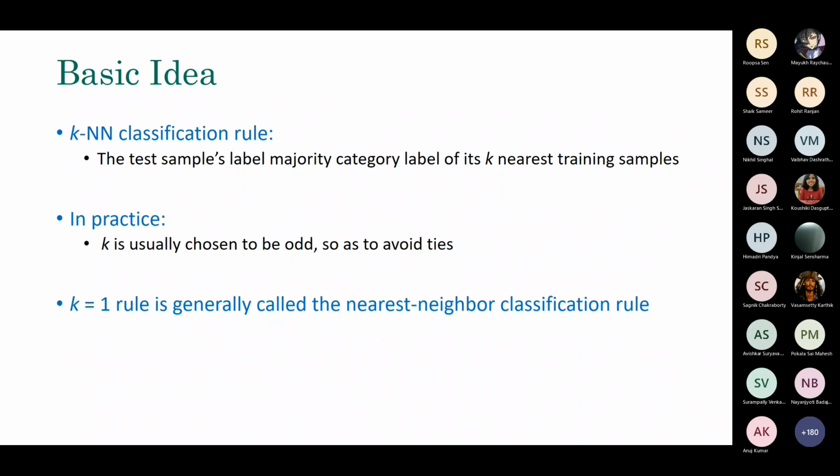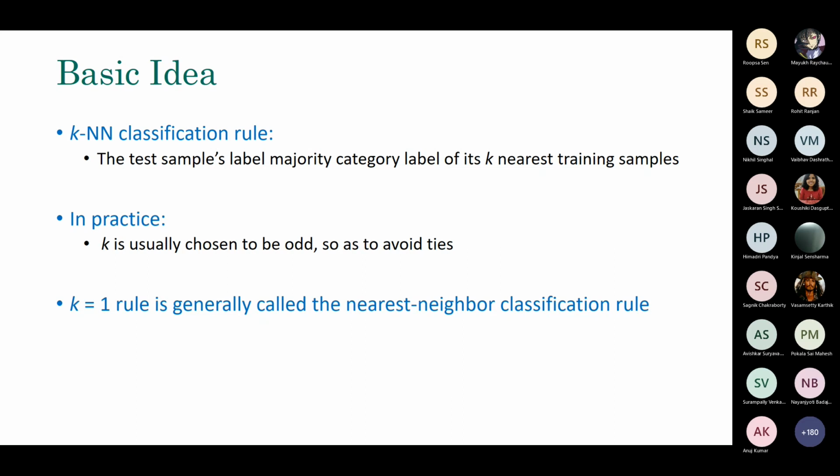In this set, I will figure out which category is in the majority, whether this is duck, bird, flower or something like this. So my label would be the label of this majority category in this k-nearest neighbor set.